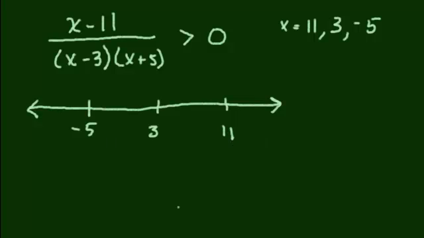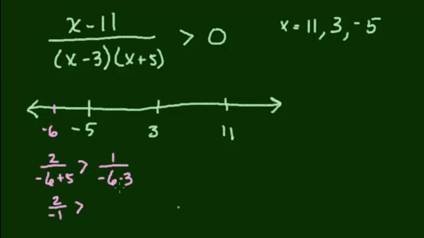So substituting into my original equation, over here, let's choose a point over here. How about negative 6? I will have 2 over negative 6 plus 5, and I need to see, is that greater than 1 over negative 6 minus 3? I have 2 over negative 1.